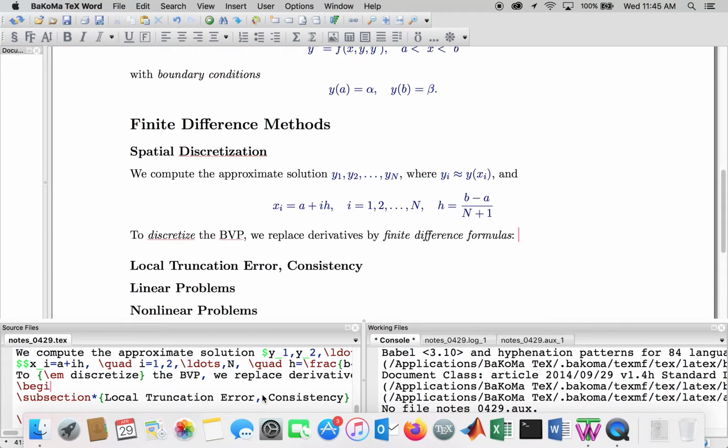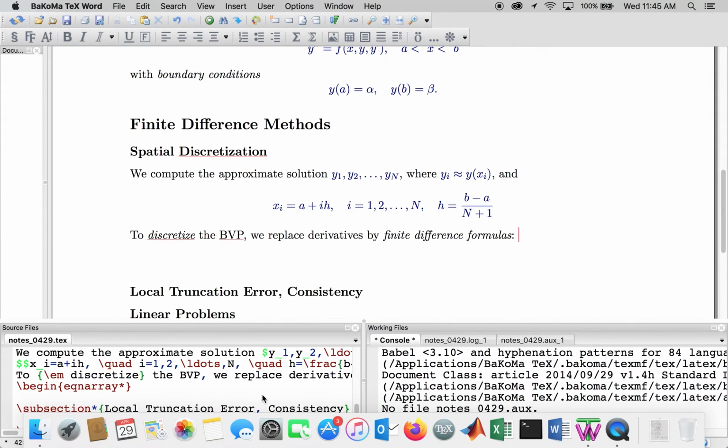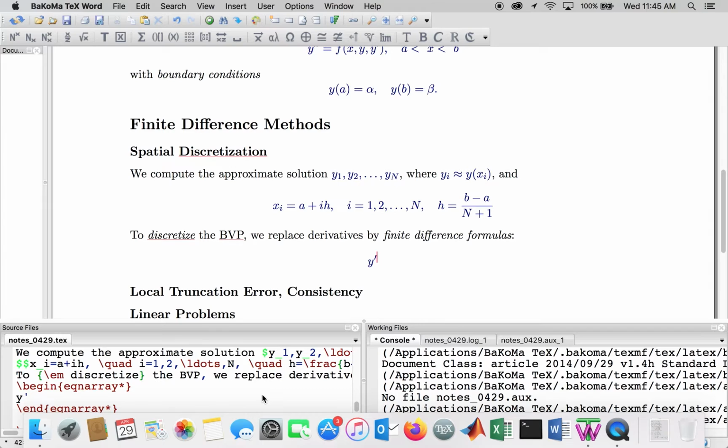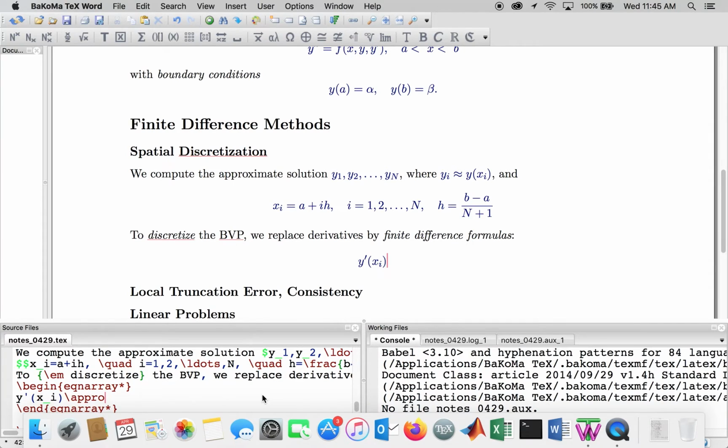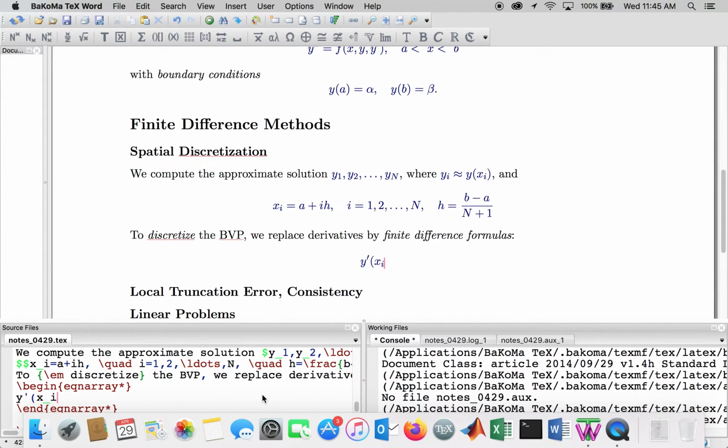First, y prime at a given point. I put equals because I'll include the error.